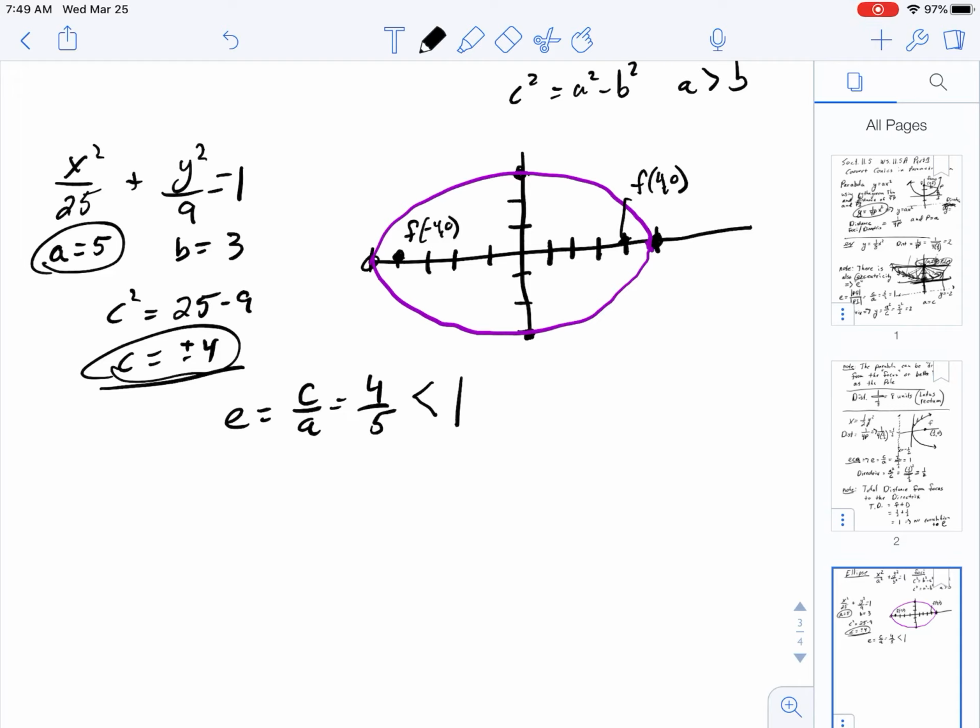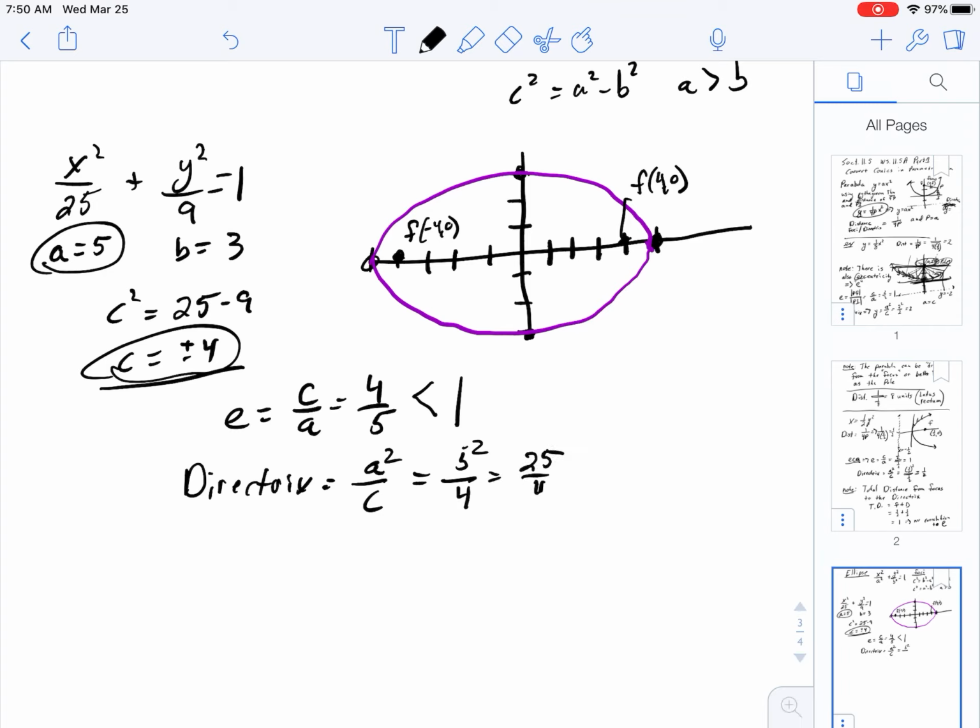Okay. Now my key thing is this also has a directrix, just like a parabola. So my directrix, now that we have my eccentricity, is again a squared over c. But this time your a and c are not the same here. So what you have here is 5 squared over 4.